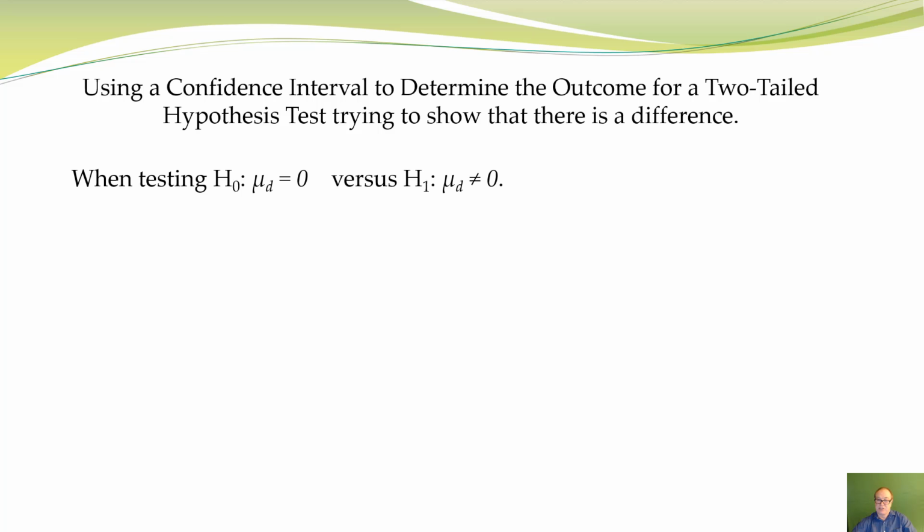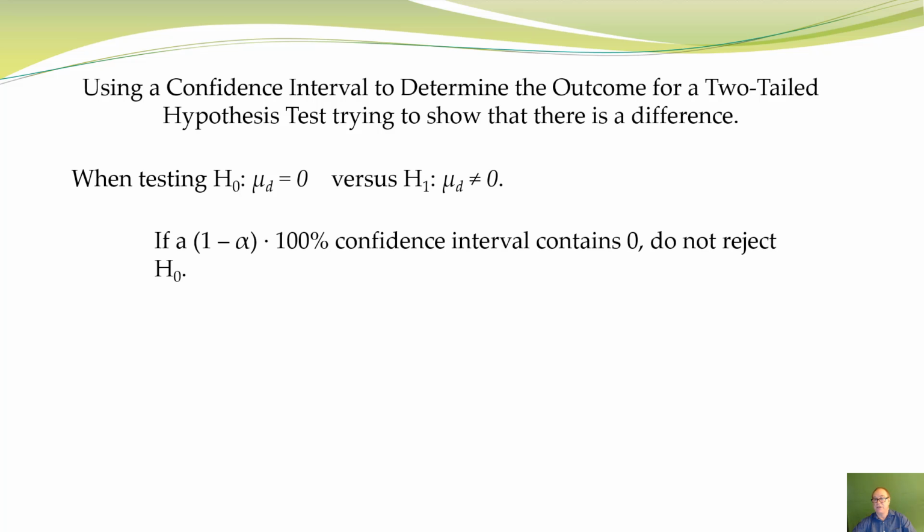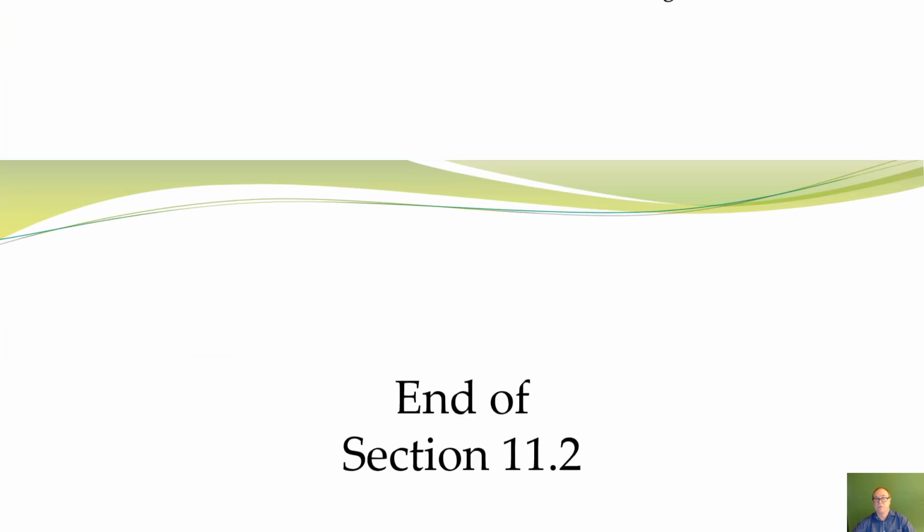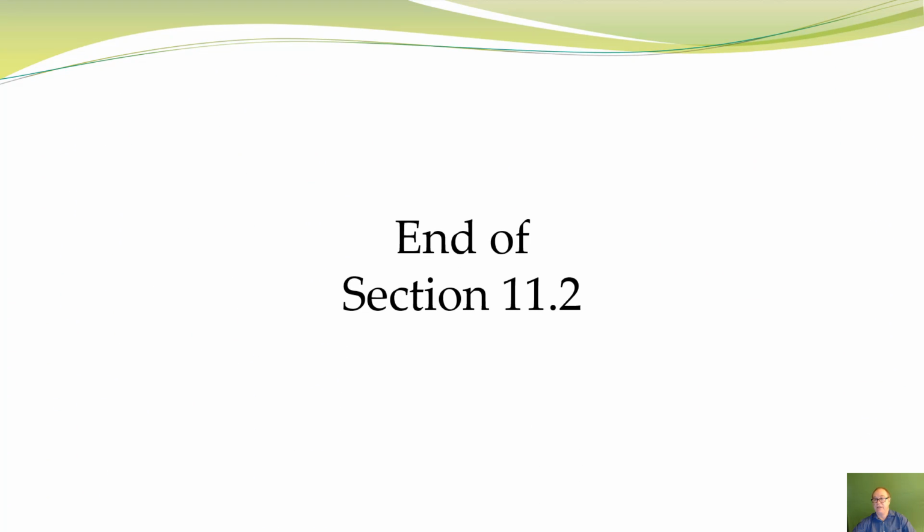If it's two-tailed, the mean difference equals 0 versus the mean difference not equal to 0. So, if the confidence interval contains 0, if 0 is in the interval, do not reject the null hypothesis. If 0 is not in the interval, it does not contain 0, reject the null hypothesis and conclude there is a difference. And this brings us to the end of 11.2.